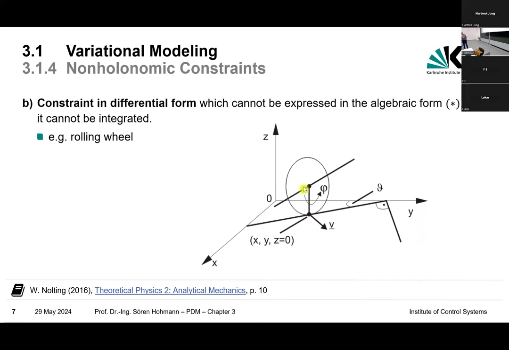Okay, and then I define an angle theta, which describes the direction of the penny, and the movement of the penny, this is not well depicted here, is the v, the velocity in forward direction, right? So with these parameters all together, I can describe the principal movement of the penny.